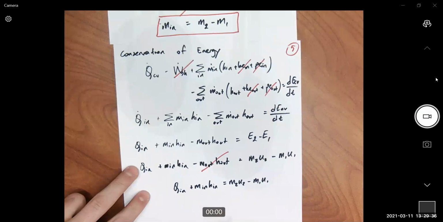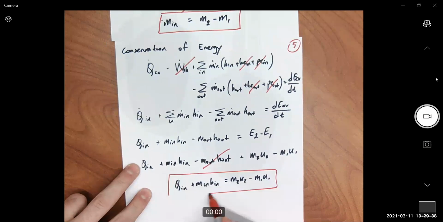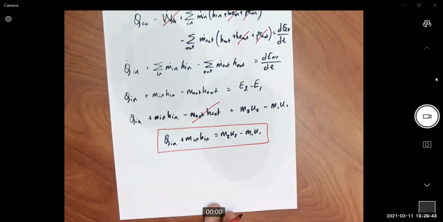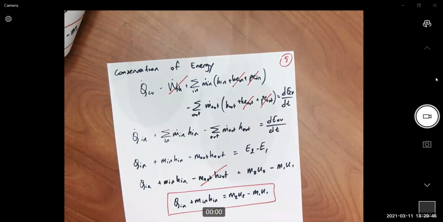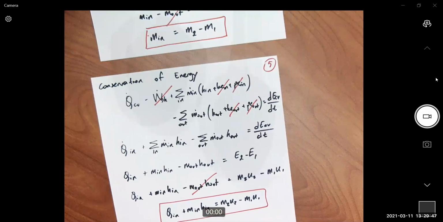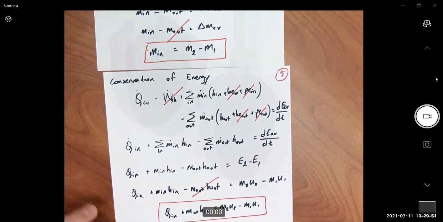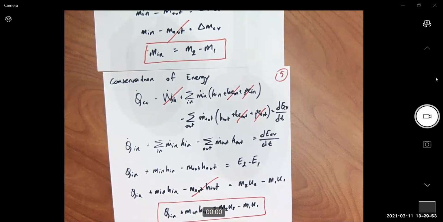I have this, and I have this. I'm almost done with it.